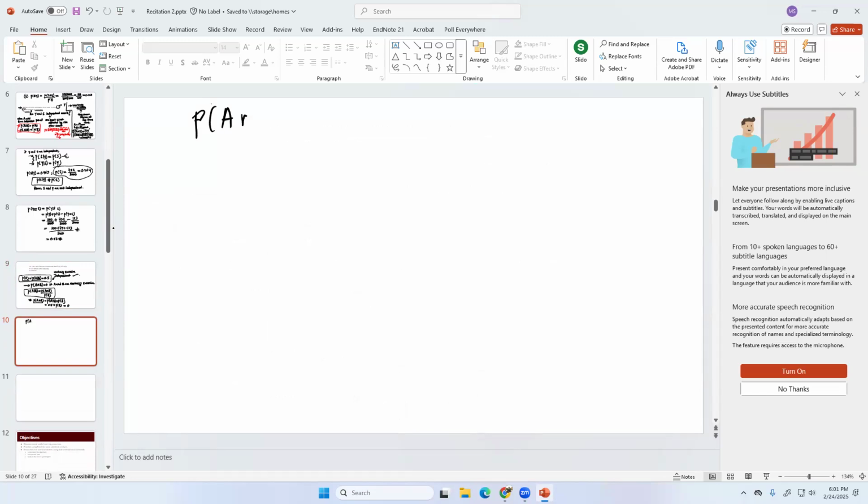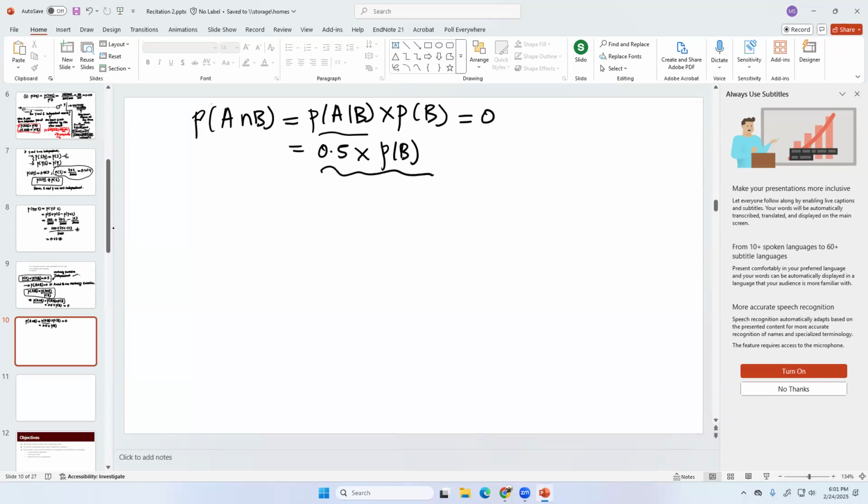Probability of A intersection B is probability of A given B times the probability of B. So we want this to be 0, right? But this is not 0. This is 0.5, it's already given in the question. And this is not given. So for this thing to be 0, probability of B must be 0, and only then will this be 0. Does that make sense?